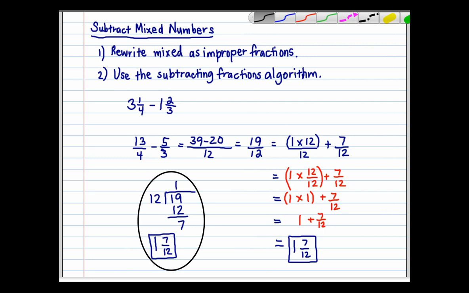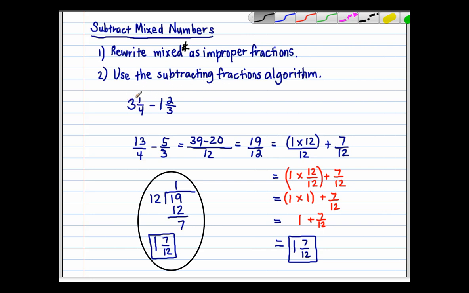A mixed number is a shorthand notation of writing the addition of two fractions, the addition of a whole and the addition of a part of a whole. Okay, so we're subtracting mixed numbers, and the first step is to rewrite the mixed number as an improper fraction. And once you've done that, then you can use the subtracting fractions algorithm.